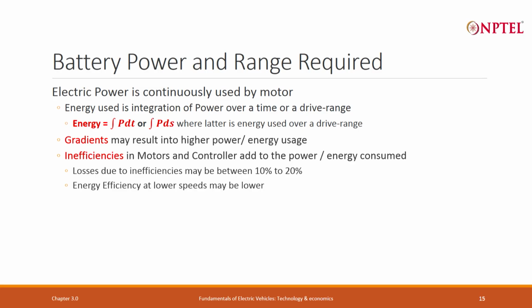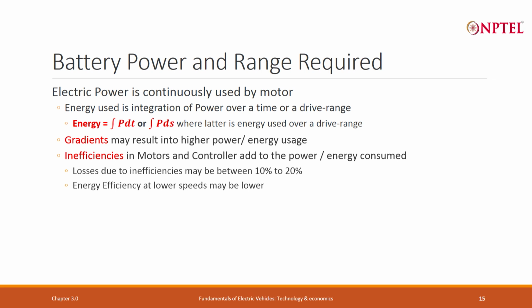One concern that you find: I have, for example, driven an electric vehicle. If I drive at 55 km per hour, I find that actually I am consuming very little energy per kilometer.